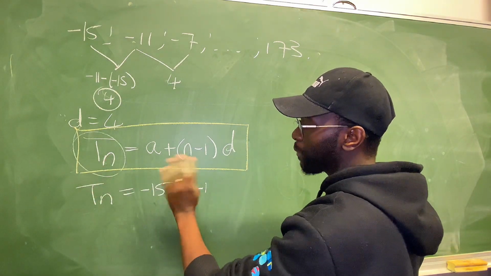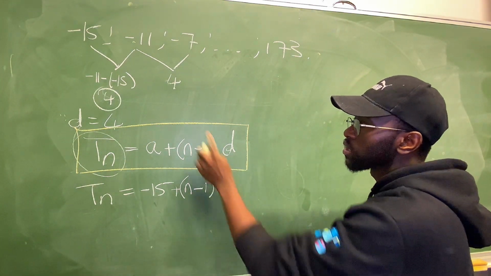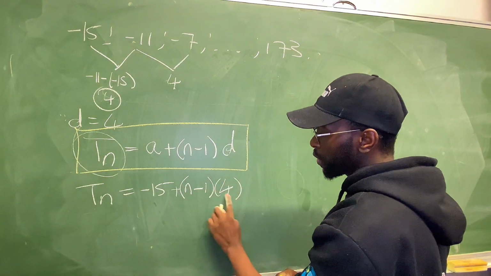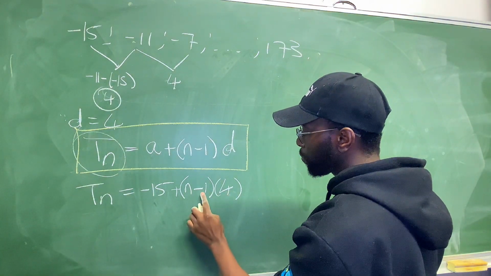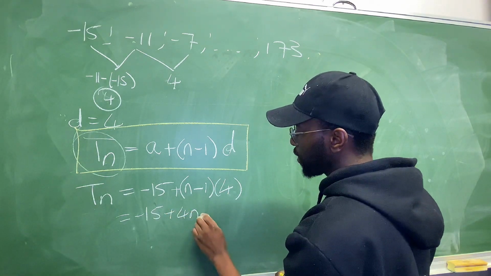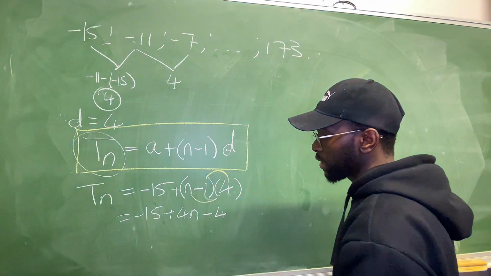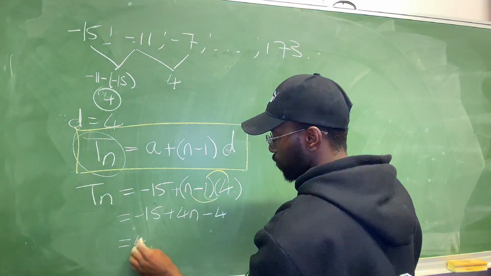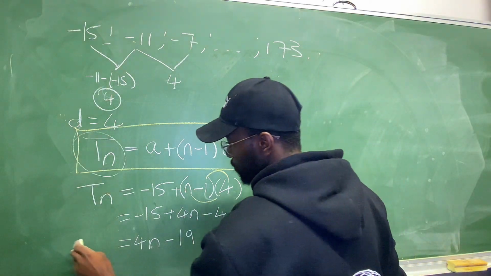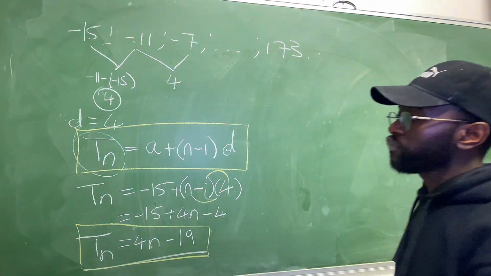So we do not care about the actual position for now. Minus 1, and our common difference, which is 4 in this case. So we can simplify this by multiplying n minus 1 by 4 and get minus 15 plus 4n minus 4. So this multiply this, and this multiply this, and then we get 4n minus 19. That is our general formula for the nth term.